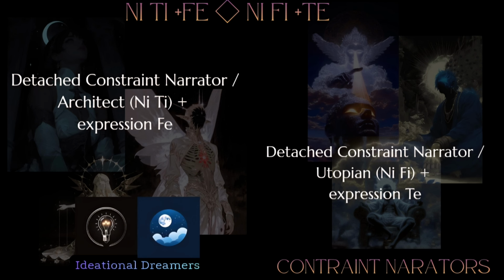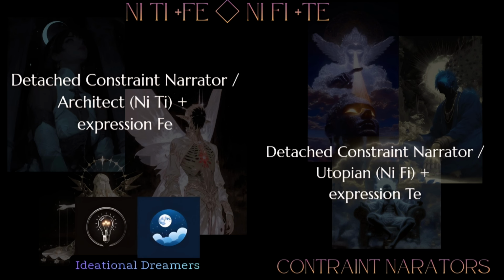That sometimes is hard for them to even track. The lack of detail in their anchor function is a reason for this being true. Now, when you compare that to the FI in service to NI for the utopian, it's still vague in the nature of where they see themselves, but where they see themselves is more personal. That's the FI. The relational part to that is going to be trying to perfect the meaning in the inner world that they want to create.